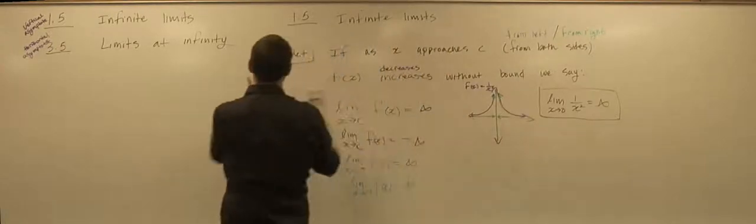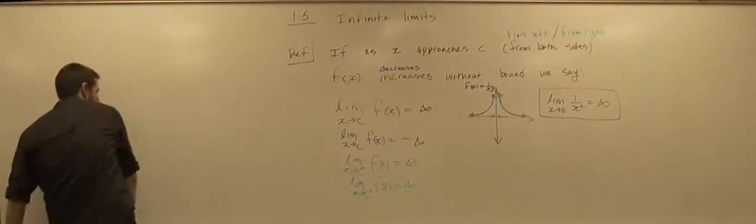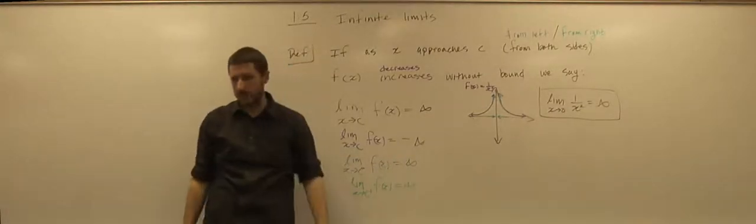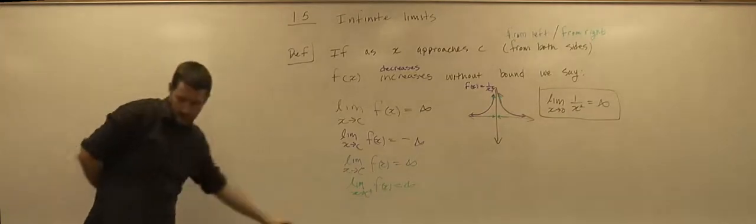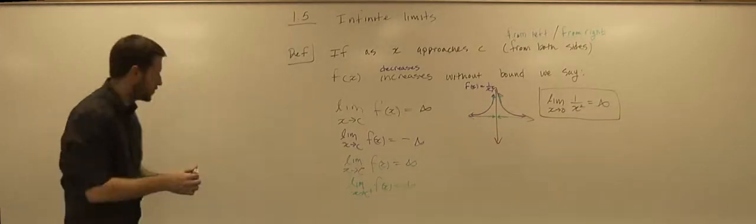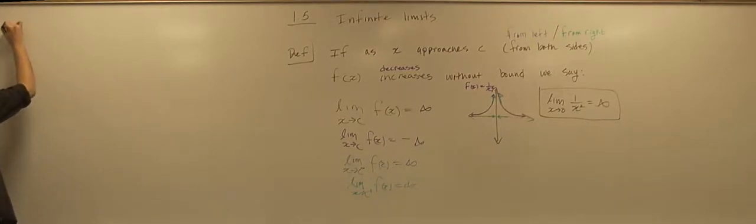So that's what 1.5 is about. Determining when you actually have an infinite limit, when you can put infinity as your answer for a limit. And at this point, there's one simple intuition that you should be thinking through.